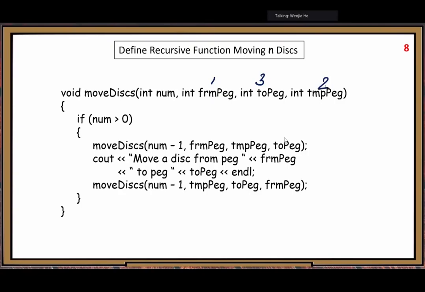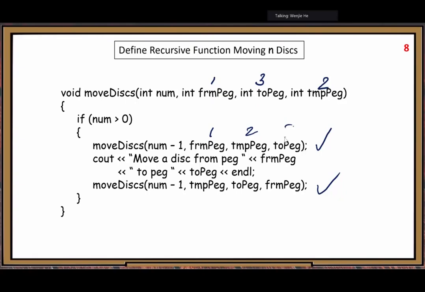Then, when we call this function recursively, you need to be very careful. For other parameters, okay, but you need to fix the order of the pegs for these 2 calls. Peg 1 and peg 2, peg 3.